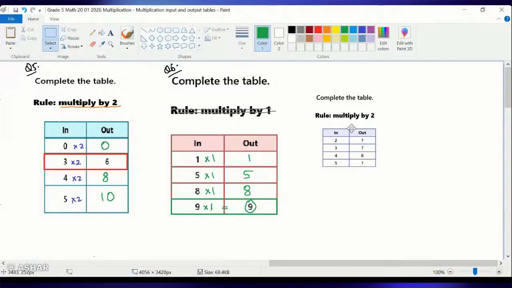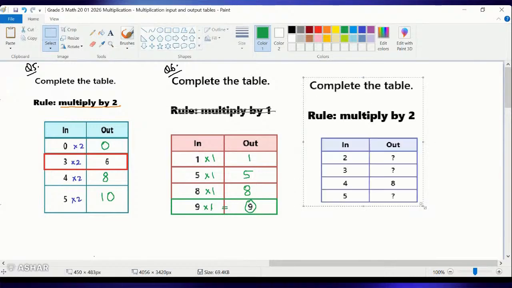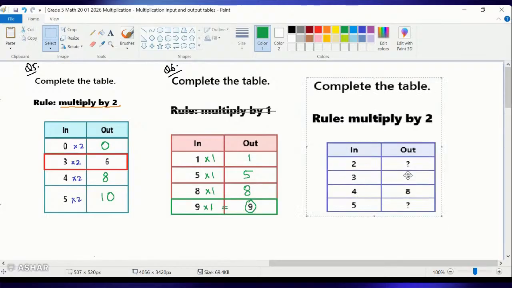Let's have a look at the next question. Let's suppose we have question number 7, and question number 7 says complete the table, and they've already given us the rule. So we need to look at which set of values are given to us. We can say that 4 as the input and 8 as the output, this pair of values is given to us, right?